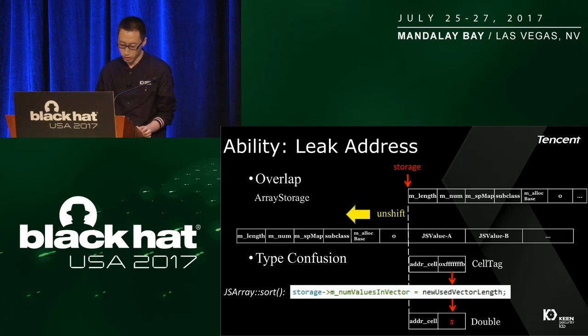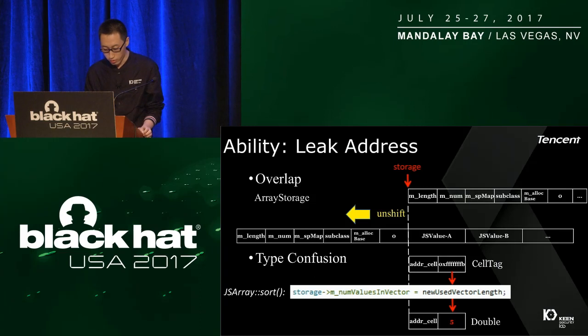Before calling the sort function, we need to call the shift function 3 times to adjust the pointer storage from the start to the middle of the memory buffer, which contains the array storage structure. Then we call the sort function, and in the compare function, we unshift the array 3 times. Now the old array storage structure is overlapping with the new array storage structure, and the misaligned length is 24 bytes.